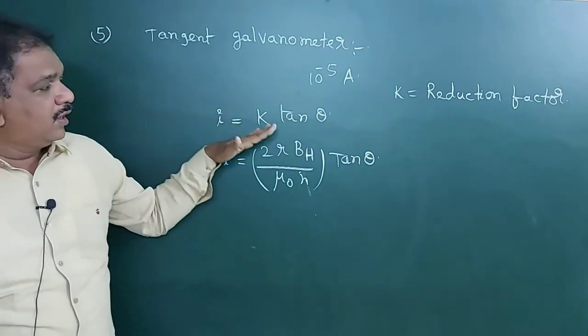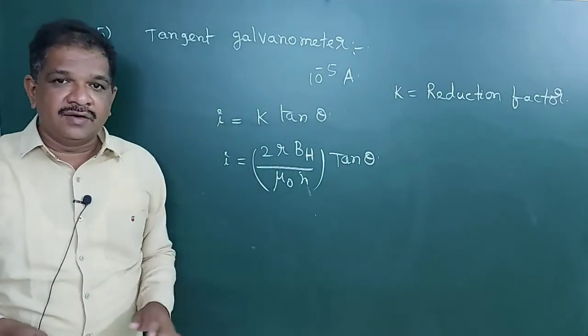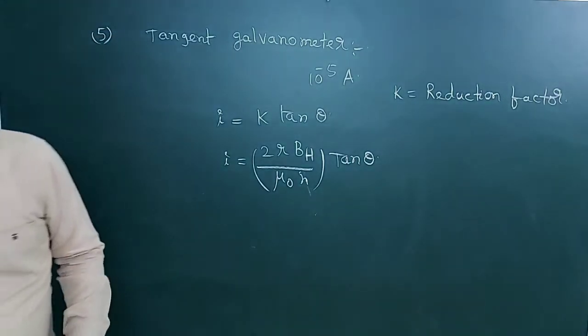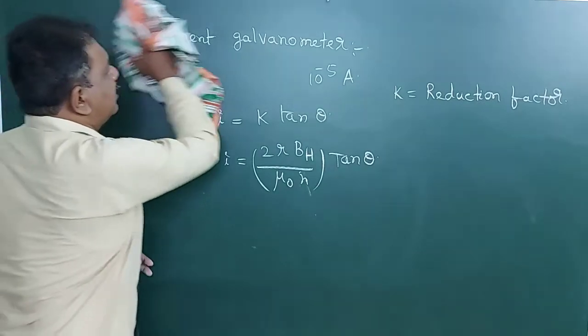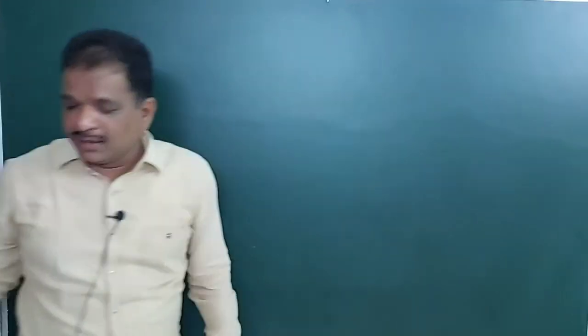So this formula is enough relating to the tangent galvanometer. Okay. Next, on the forces: force on the charged particle, force on the current carrying conductor, formulas will be there.